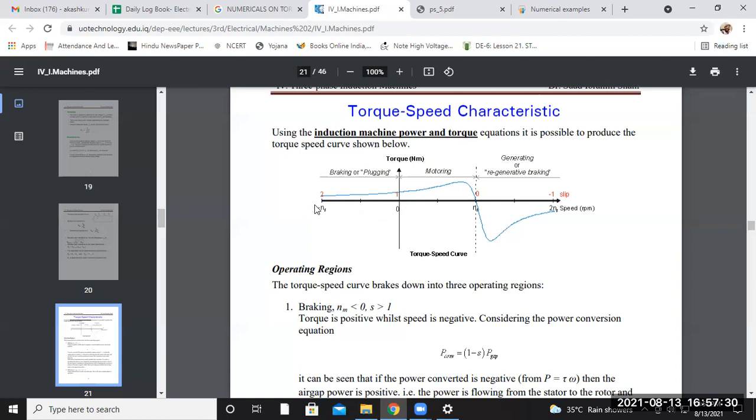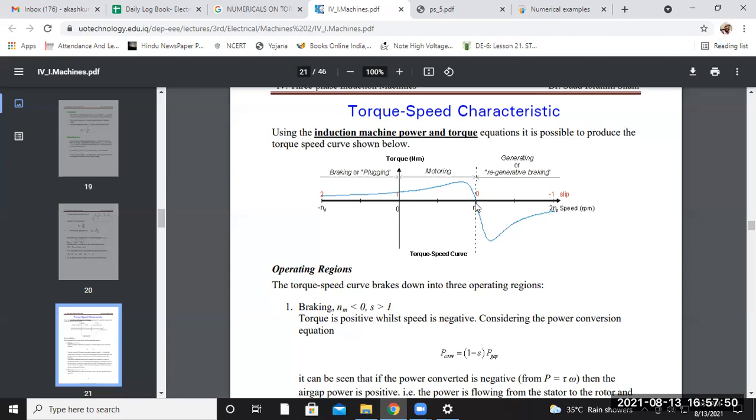That means the speed is gaining value up to this point 0, and this is called braking or plugging. Then as the speed increases from 0 toward synchronous speed, that condition is known as the motoring condition.